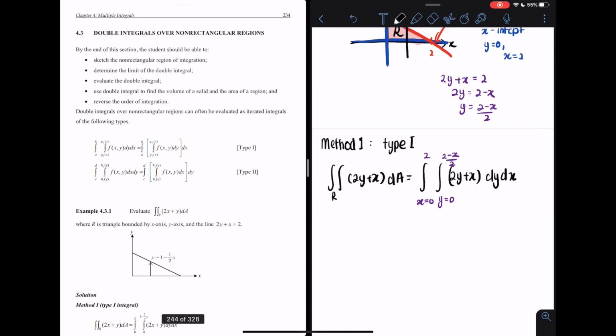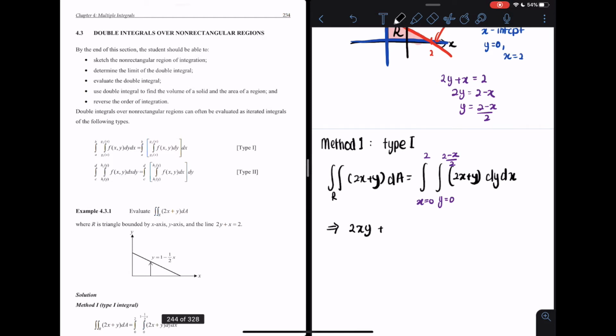It shouldn't be 2y plus x. In fact, it should be the other way around, such as 2x plus y.